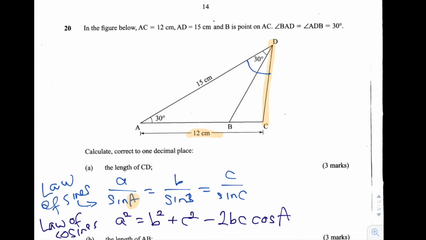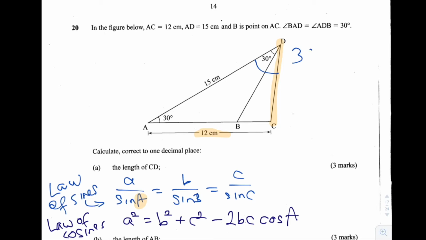So it would be this whole angle, the 30 degrees plus this bit that we don't know, let's call that x. And the same for b. If we designate b to be 15, then the capital B would refer to this angle here.